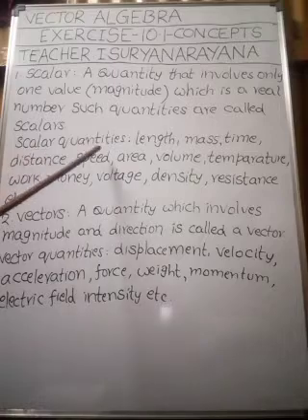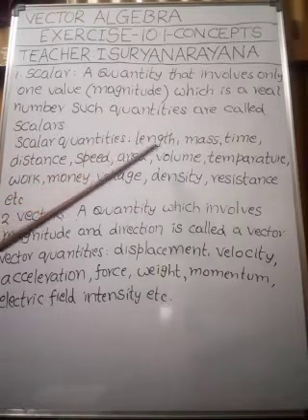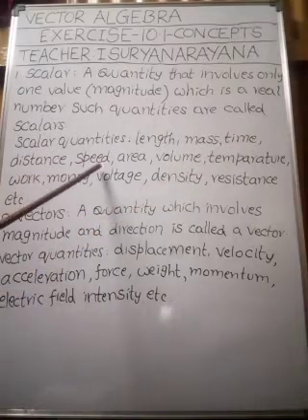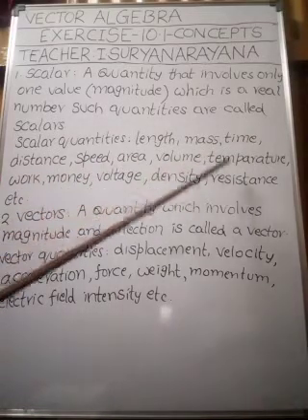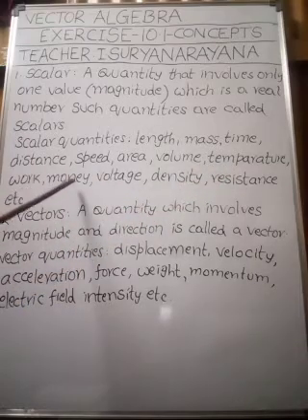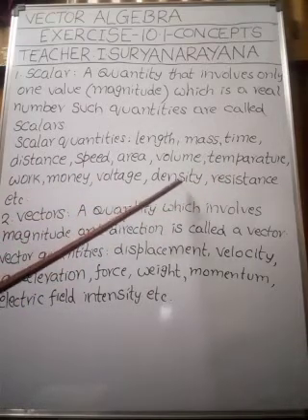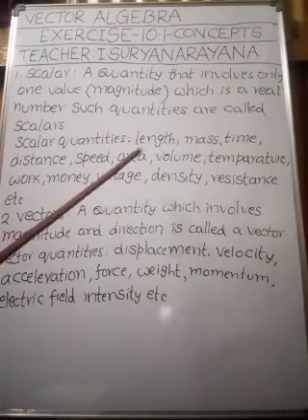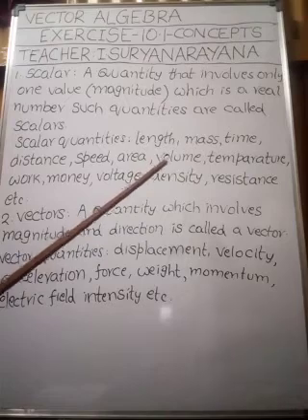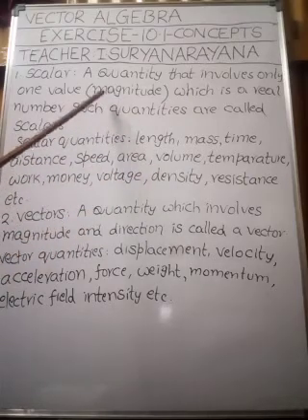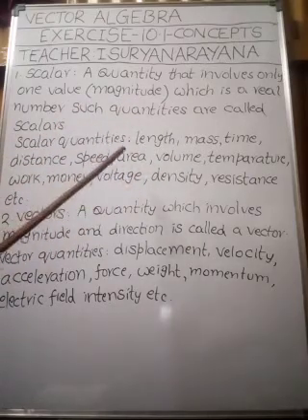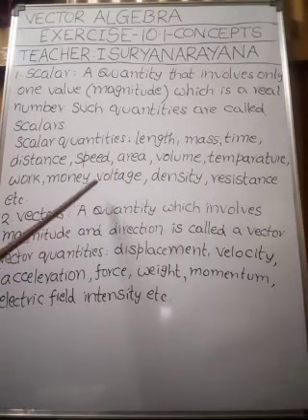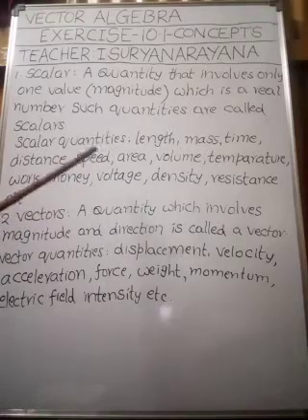Let us take the scalar quantities: length, mass, time, distance, speed, area, volume, temperature, work, money, voltage, density, resistance, etc. All these physical quantities have one and only one value, that is magnitude. They have only magnitude. That is why these physical quantities are called scalars. Okay, my children, understood this point?